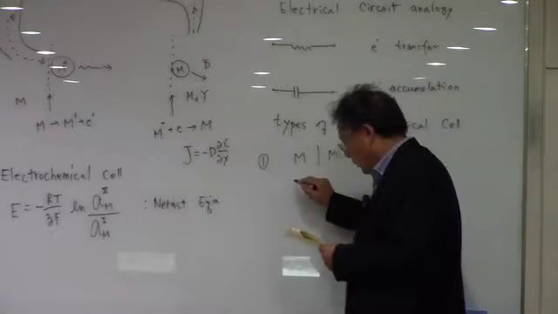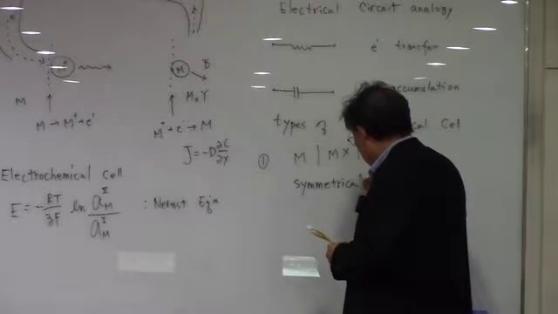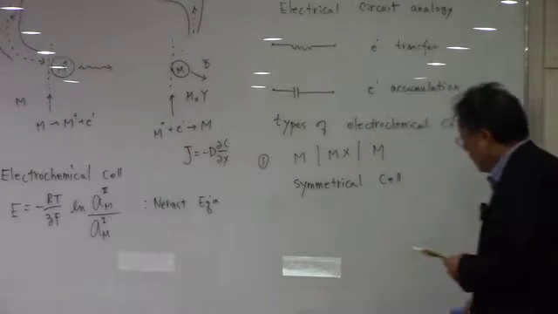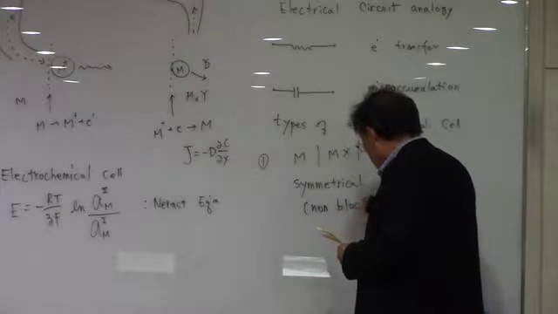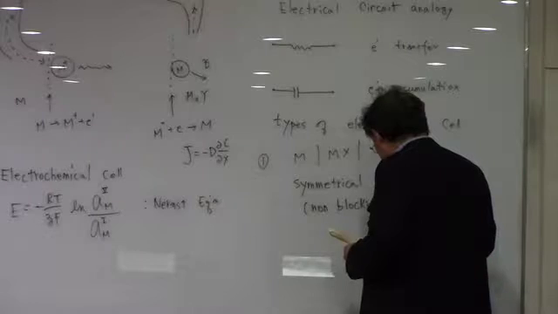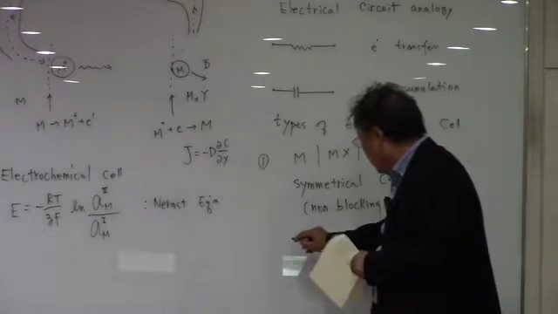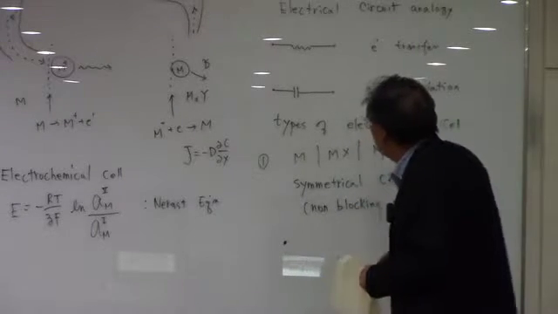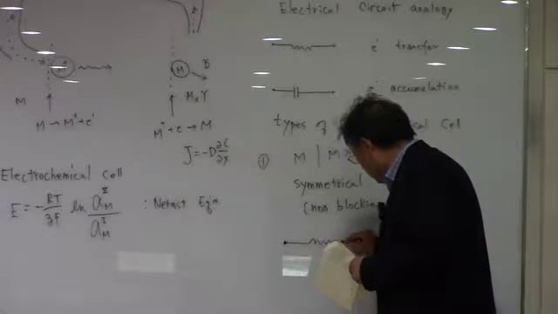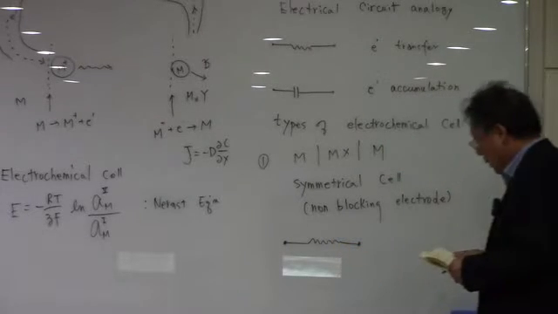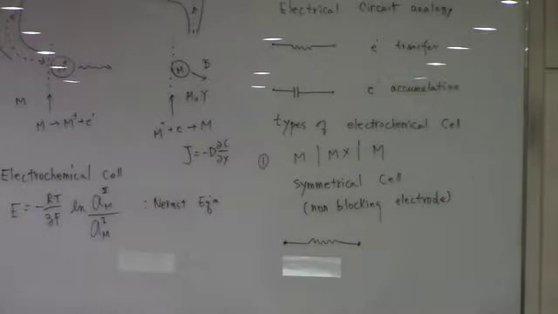We call this a symmetrical cell, non-blocking electrode. Okay. And in this case, the electrical circuit analogy is going to be just the resistance, like this. That's the top one.